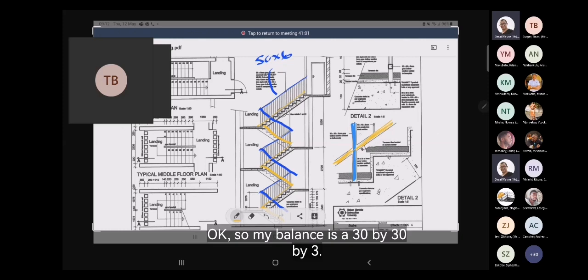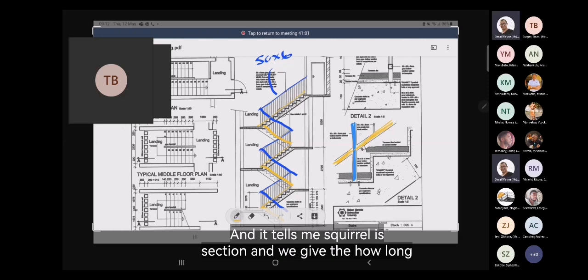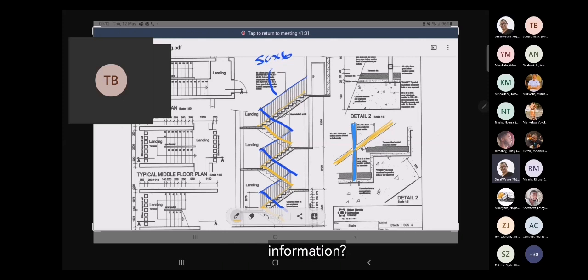Okay, so my balusters are 30 by 30 by 3, square hollow section, and we give how long each one of those is. It's 1269 millimeter long at 500 millimeter centers. Where on earth do I find this information?